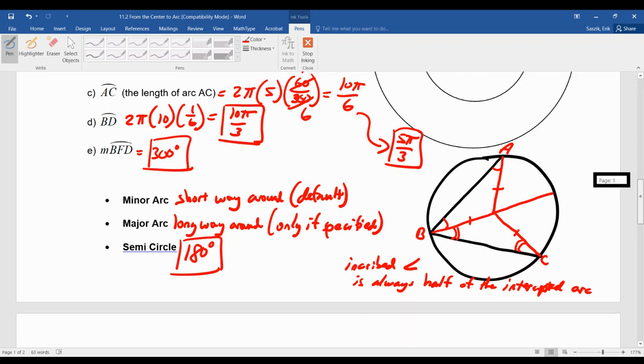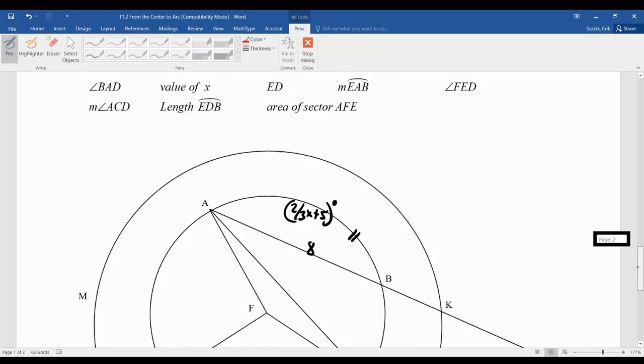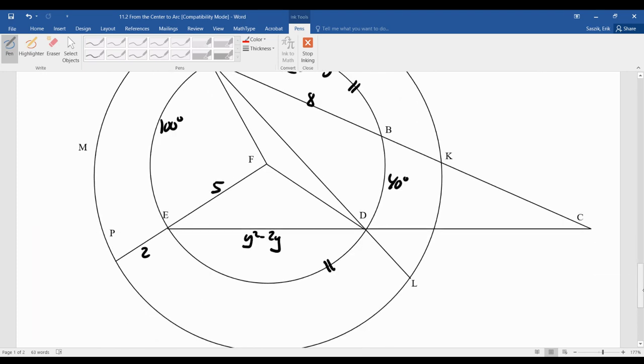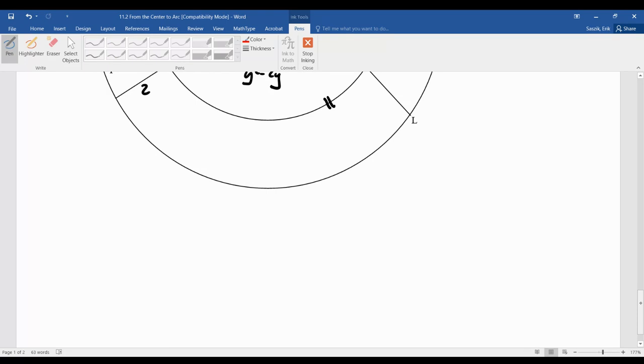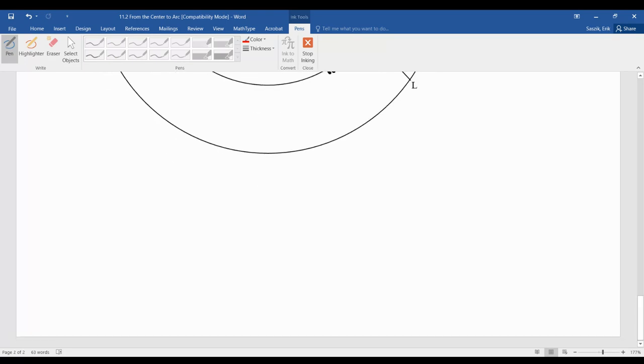Now, if you go to the back side or the next page, there's a big problem here. And I put all the given information on the diagram already in black, but there's some additional information I need to give you. I'm going to do that down on the bottom here.